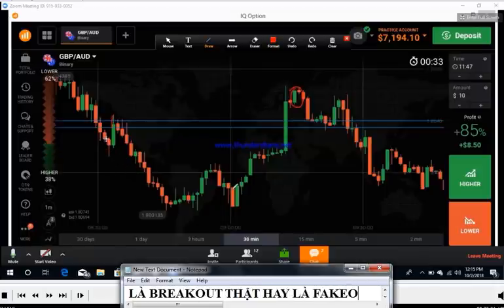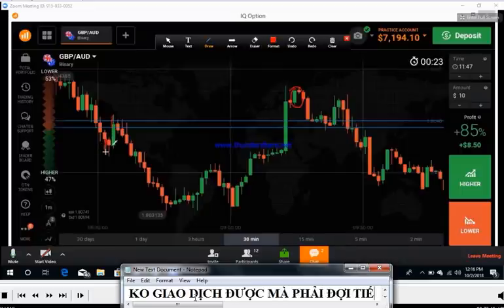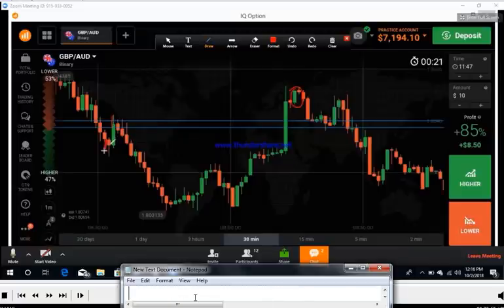What if this red candle, this hammer-looking red candle, was a spinning top? That means sellers are weak here. If it was a spinning top, then a green candle, that means sellers are weak here, and buyers may want to break this resistance line.